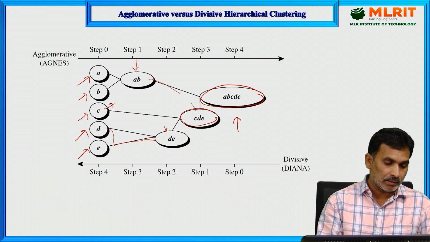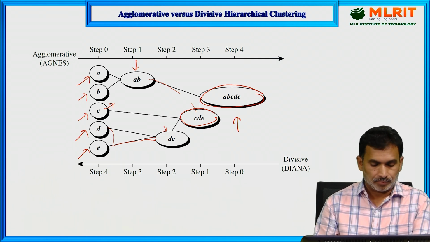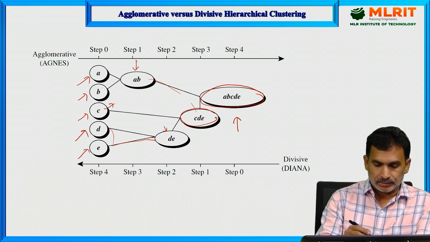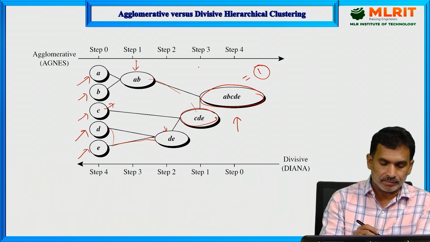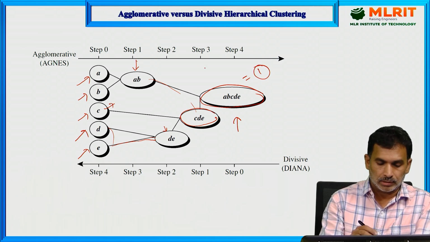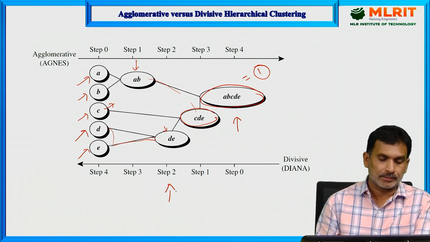And finally, the stopping criteria. Let us say this is the number of clusters. In agglomerative clustering, suppose the number of clusters is 2, then these are the 2 clusters.